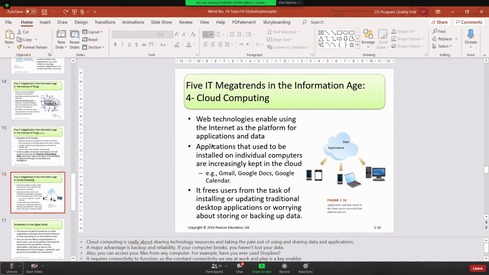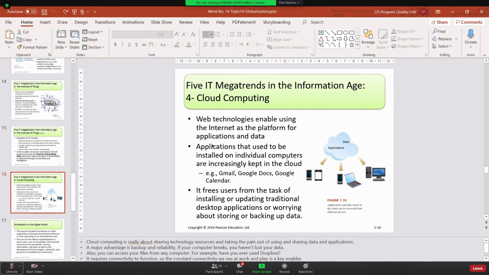Okay, so next one is cloud computing. Web technology is enabling using the internet as a platform for applications and data. Applications that used to be installed on individual computers are increasingly kept in the cloud, for example Gmail, Google Docs, Google Calendar. As you can see on the figure here, there is one cloud.